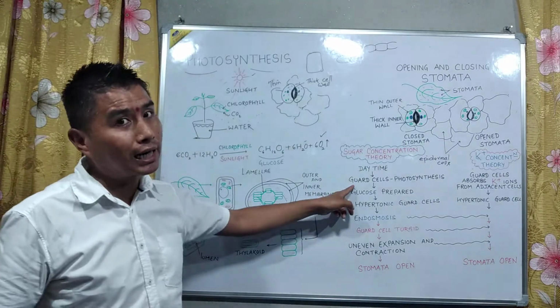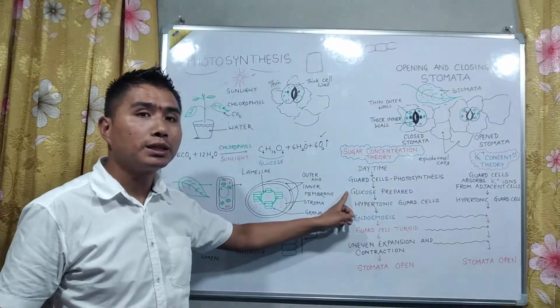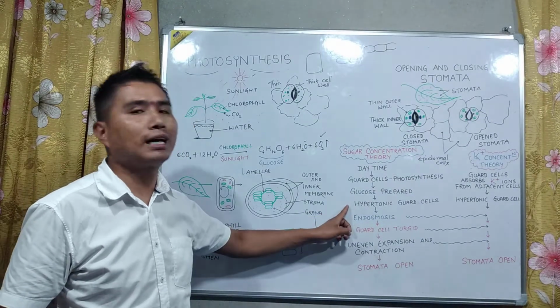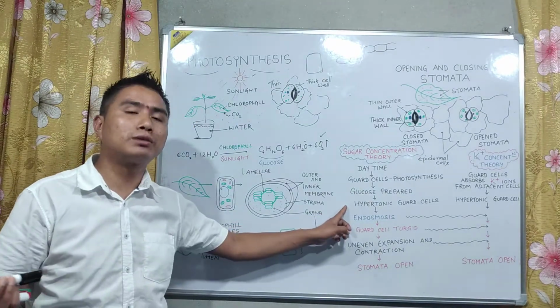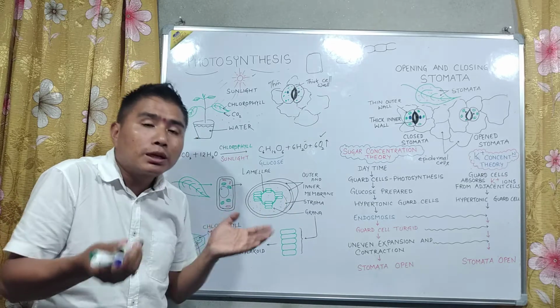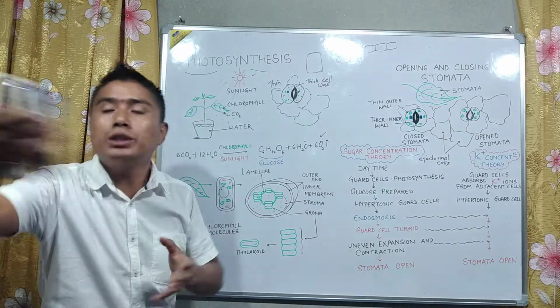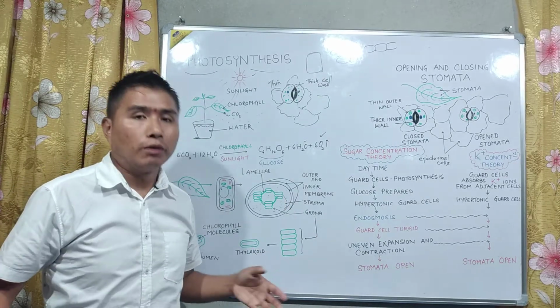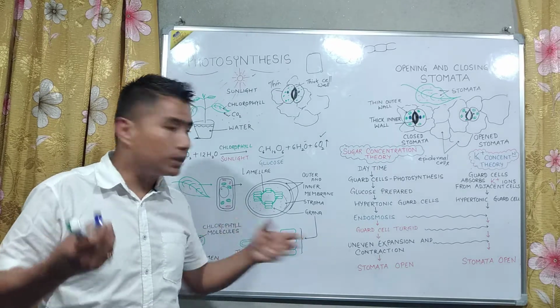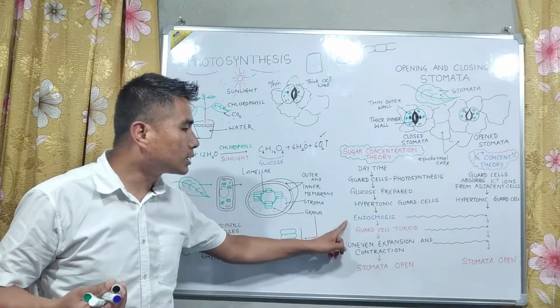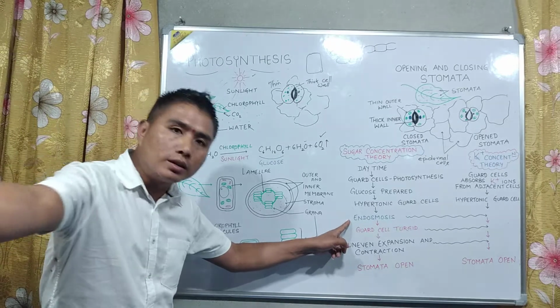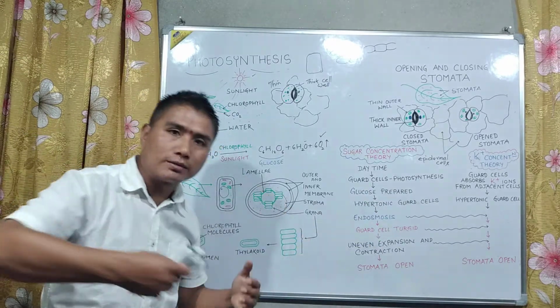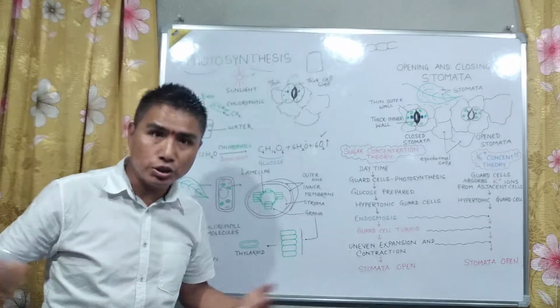When glucose is prepared, the guard cell becomes hypertonic. You know very well now what a hypertonic solution is. So guard cells become hypertonic compared to the adjacent cells. When the guard cell becomes hypertonic, water is absorbed from the adjacent cells, adjacent tissues.